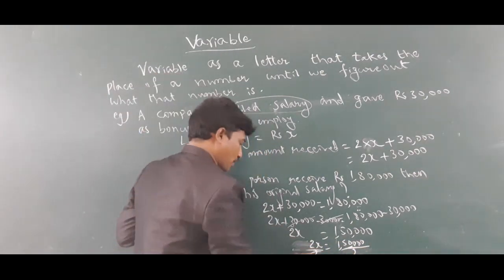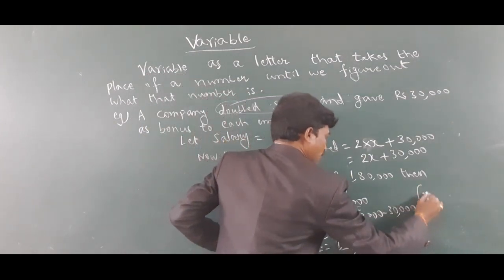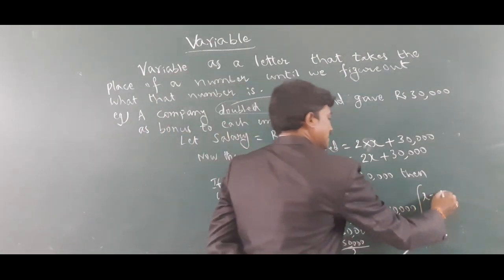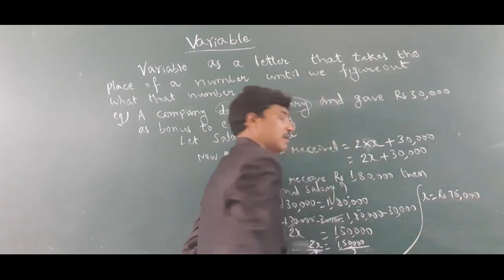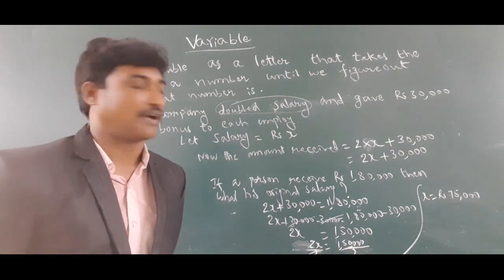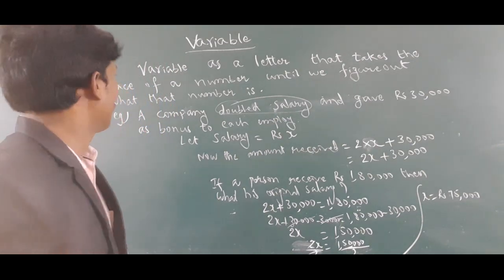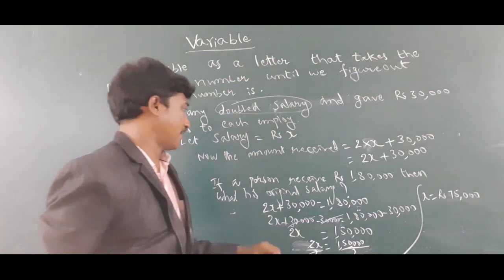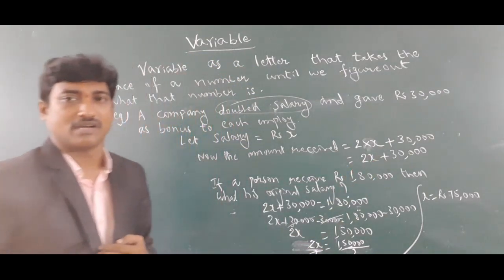When we divide by 2, cancel 2 and 2. 1,50,000 by 2 is nothing but 75,000 rupees. So his previous salary is 75,000 rupees in the last month. The variable is a letter that takes the place of a number until we figure out what that number is.